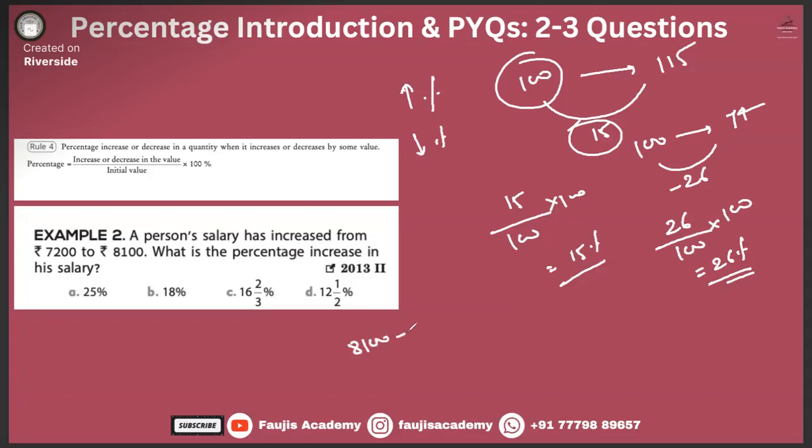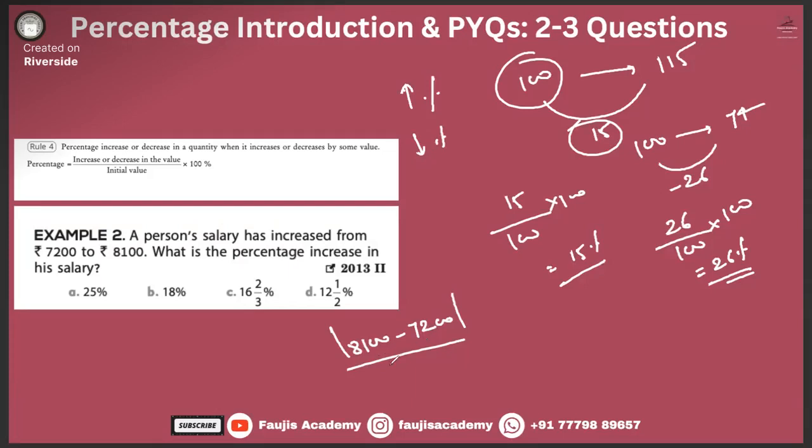Final value minus initial value will give you the difference. If you attach a mod to it, it will give you an absolute difference. So let's say his initial salary was 7200 and it got decreased to 6500. In that case you can't write that as negative, right? Percentage, you cannot write it in negative.